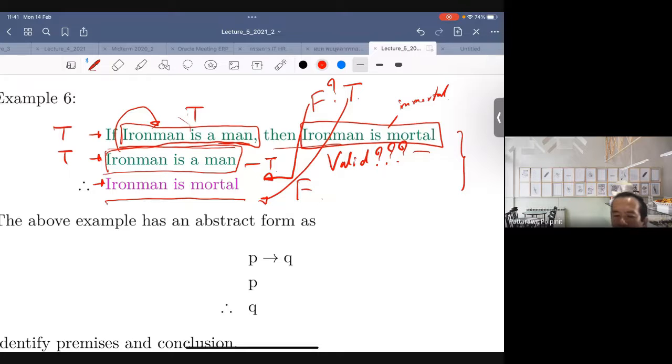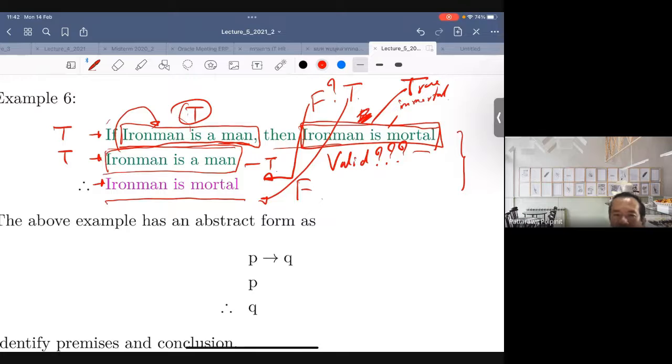No, right? Because the whole sentence is true, but the assumption is already true. So the last part cannot be false, because if true then false is false, right? But we want if P and Q is true, which means that this one has to be true to the sentence, which means that all the conclusion has to be true as well, right?